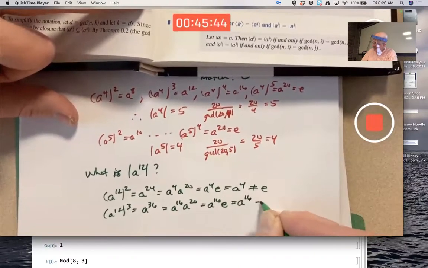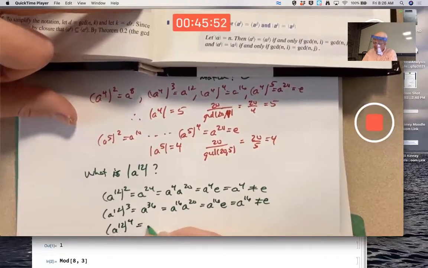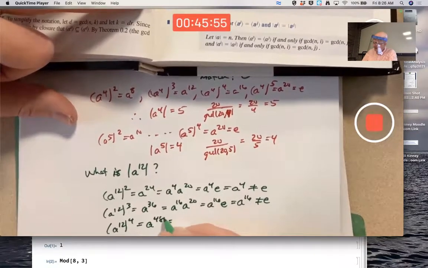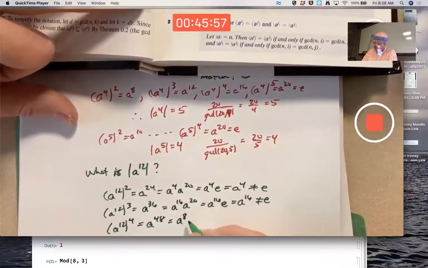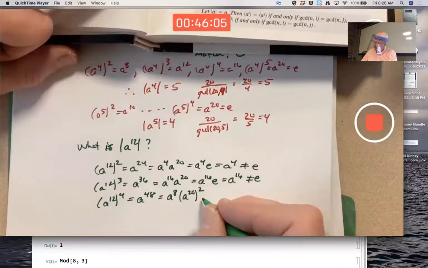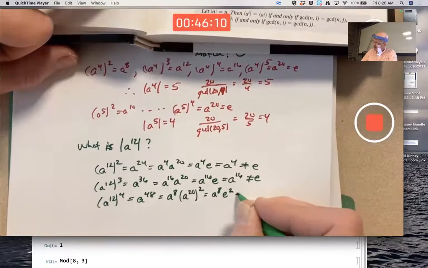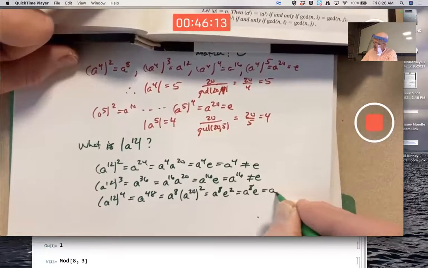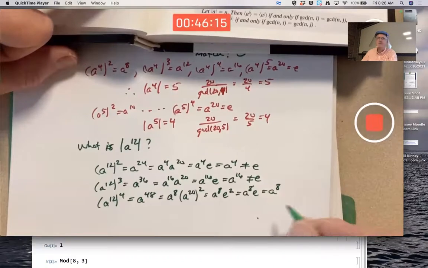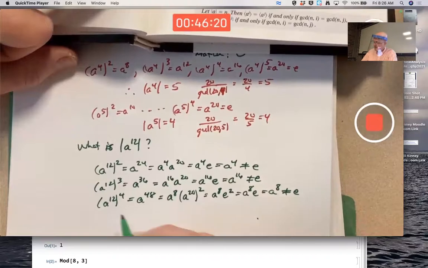So a to the 16th is not back to the identity. A to the 12th to the 4th power is a to the 48th. Think of that as a to the 8th times a to the 40th, which is a to the 20th squared. A to the 8th times e squared is a to the 8th. You don't have to show quite so many steps, but just to be explicit, this is not yet the identity.